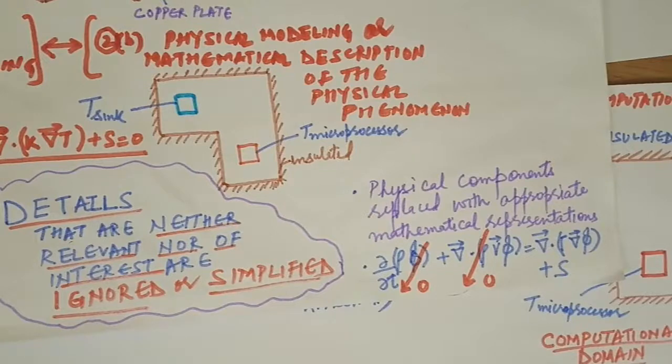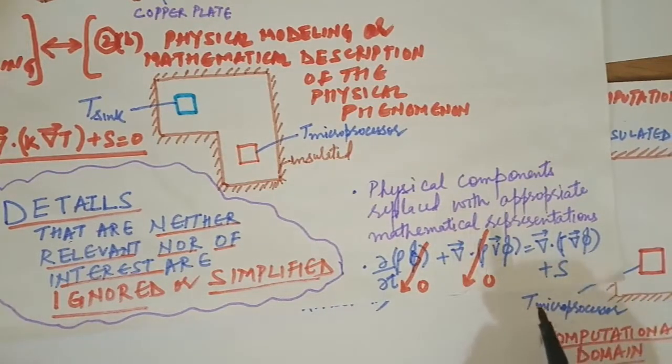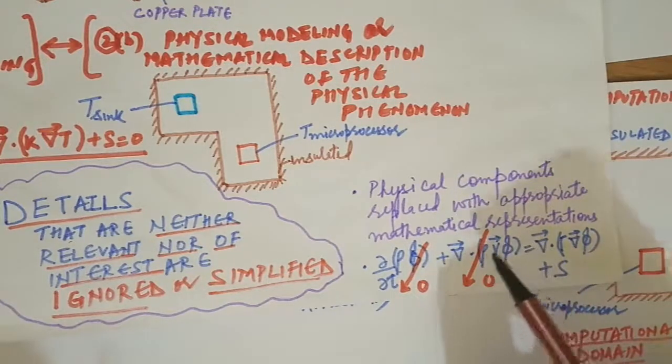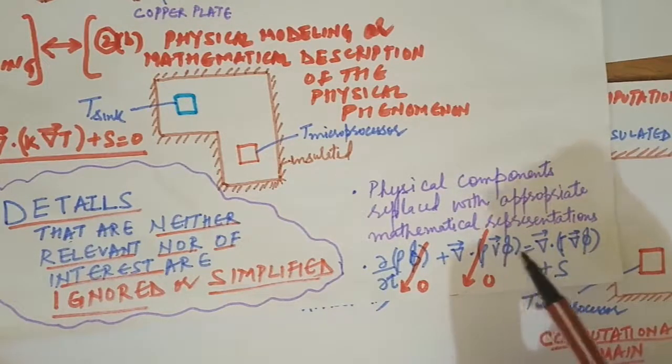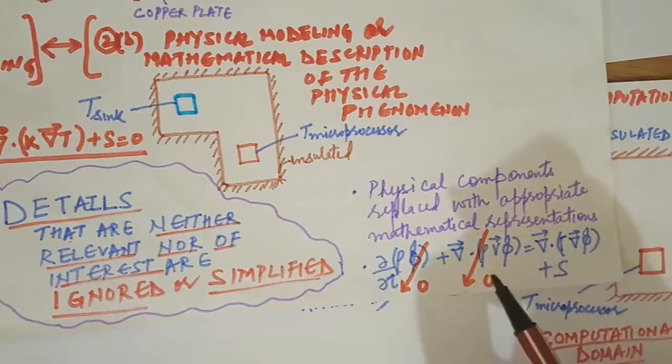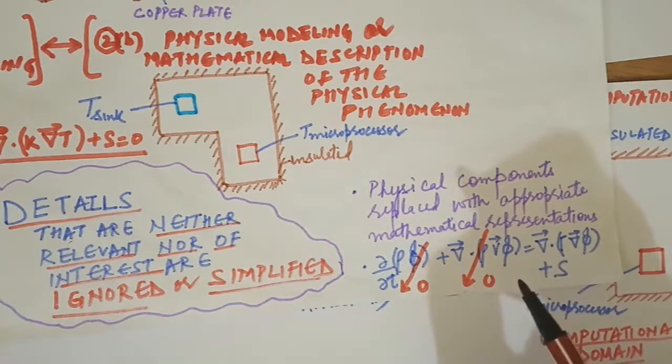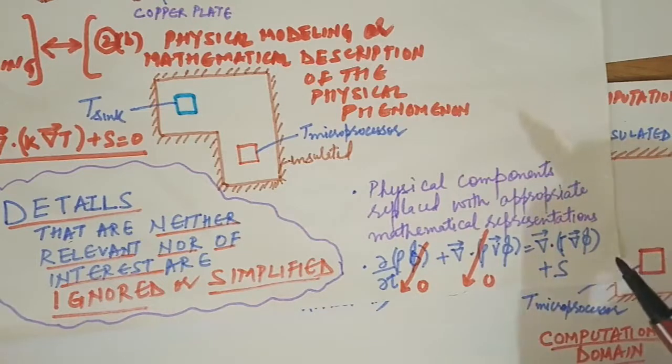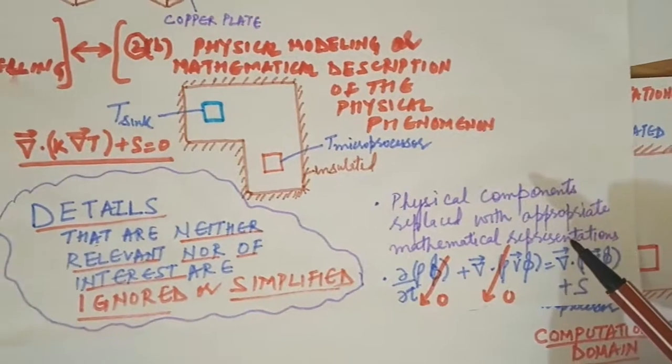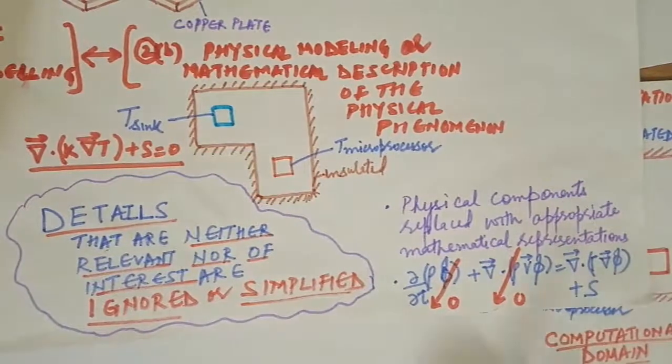And also the domain on which this equation needs to be applied is somewhat complicated. So to address these two issues, we go for domain discretization and equation discretization. So first, domain discretization.